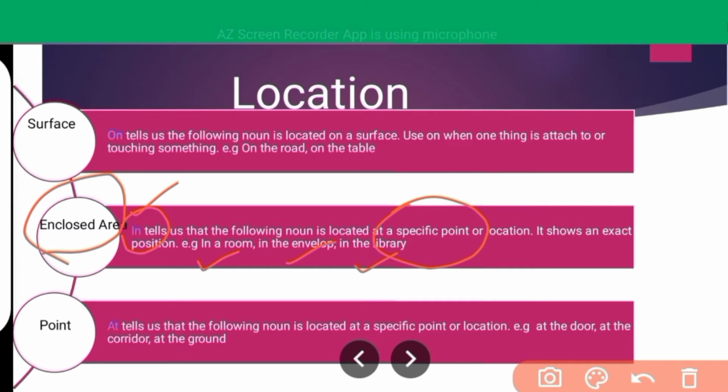Or if I make a sentence, we can say she is in the room, or a letter is in the envelope.